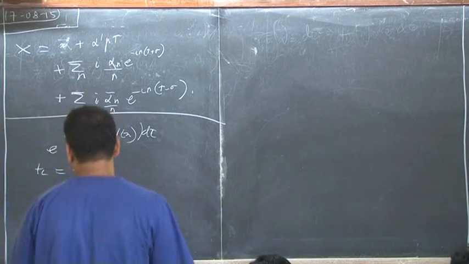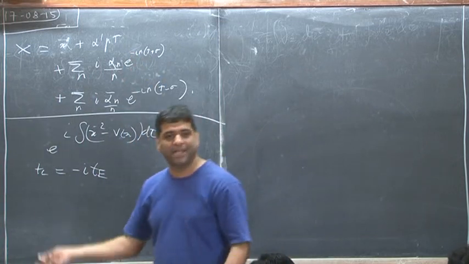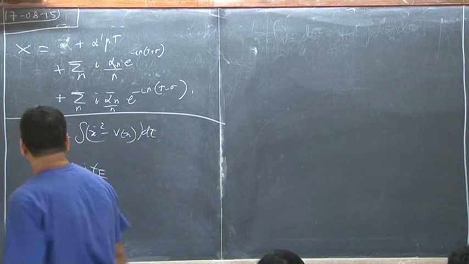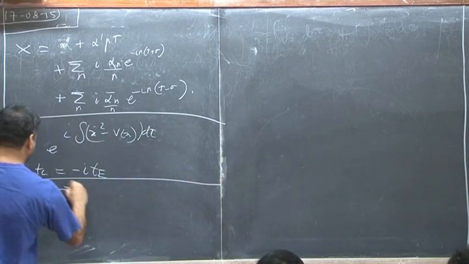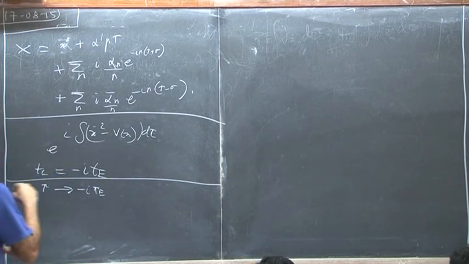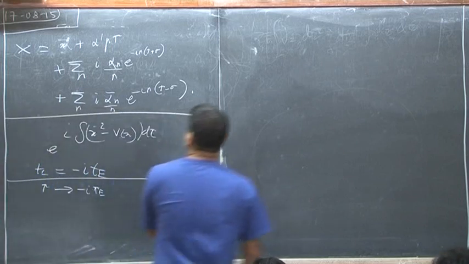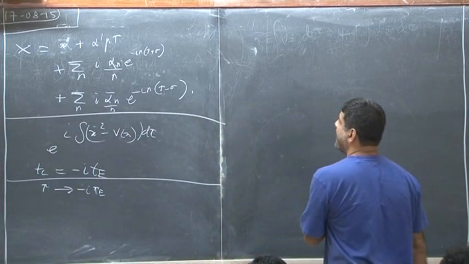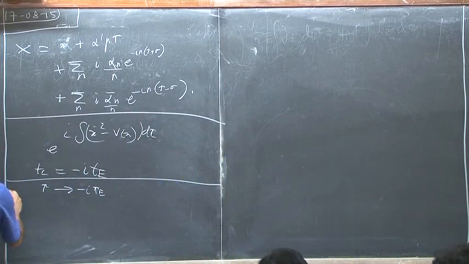So this tau is tau Lorentzian, and we have to replace it by minus i tau Euclidean. Let's first make the replacement.